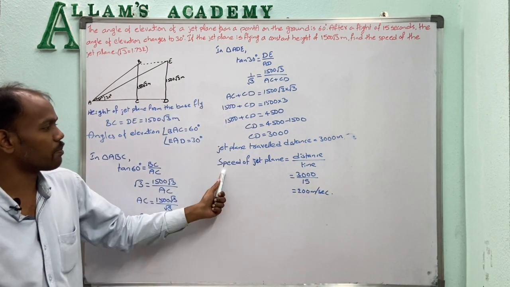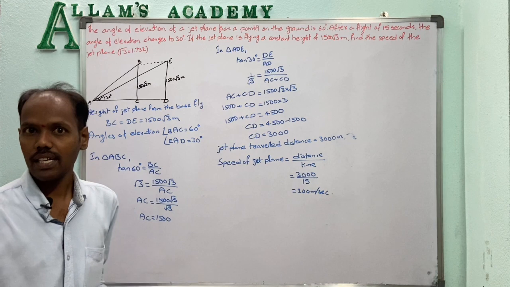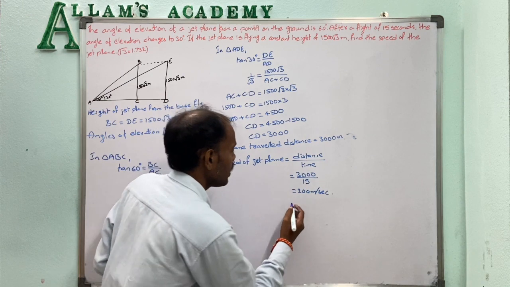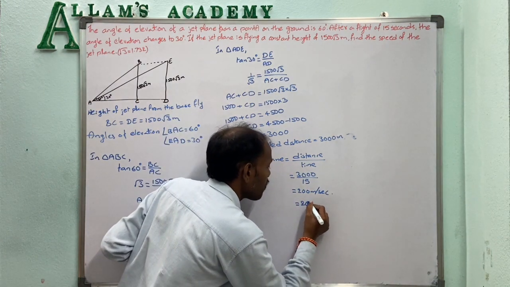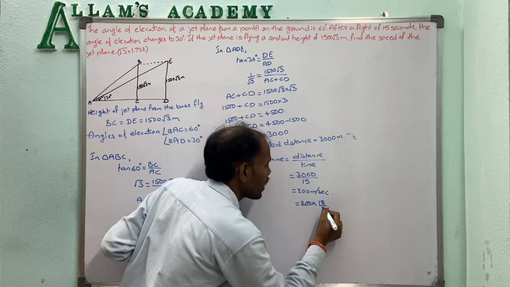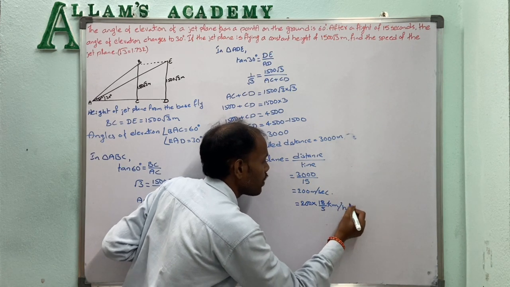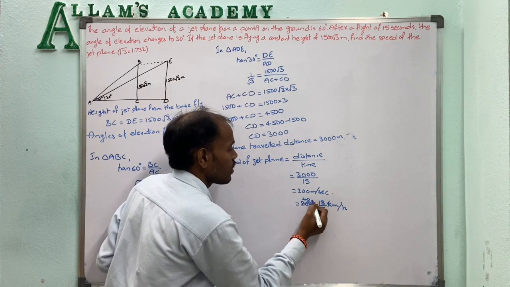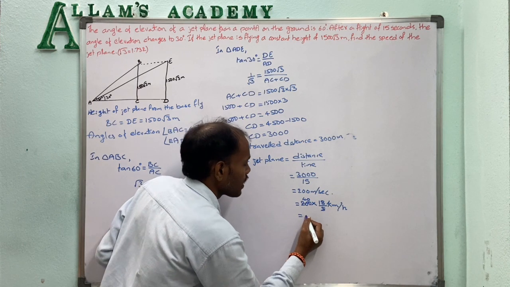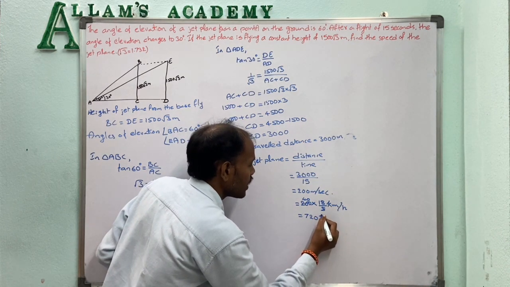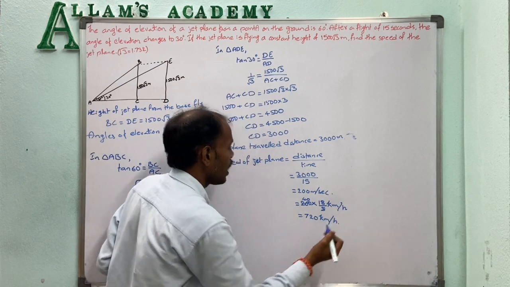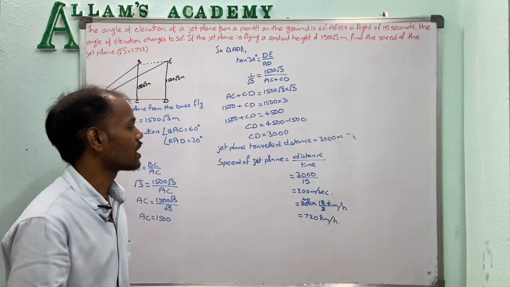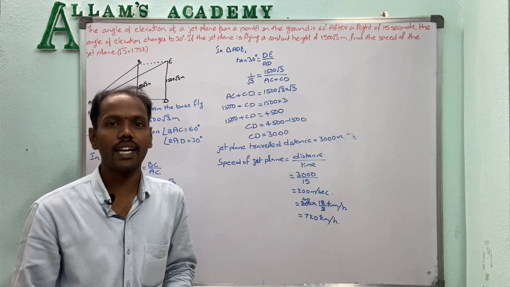So the speed of the jet plane is 200 meters per second. But if we want to say it in kilometers per hour, we multiply this 200 by 18 by 5. So 5 ones are 5, 5 40s are 200, 18 fours are 72. So 720 kilometers per hour. So the speed of the jet plane is 720 kilometers per hour, otherwise 200 meters per second. Okay.